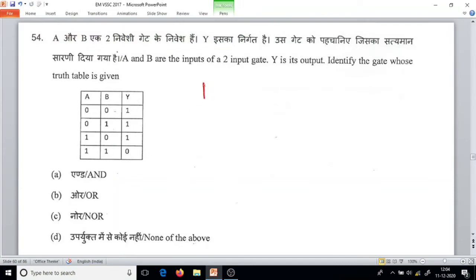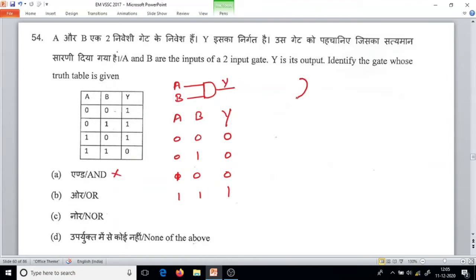If A and B are the inputs and Y is the output, for AND gate, whenever both inputs are high, we get output equal to high. So this truth table doesn't represent the AND gate.